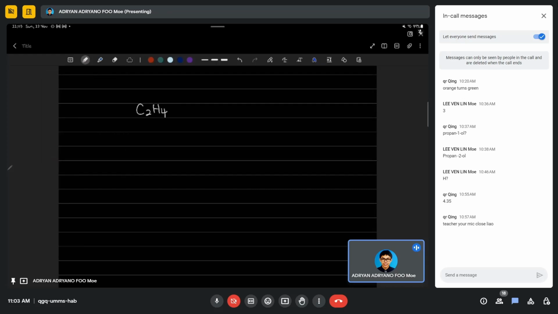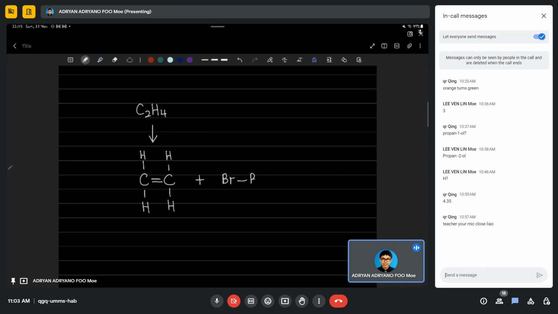Okay, if you really cannot understand this concept, I suggest you use these 2 days, you still have 2 days, today and tomorrow, to understand the structural formula. Okay, like this one, C2H4, right? I draw the structural formula. C double bond C. 1, 2, 3, 4. So H, H, H and H, this is my structural formula.